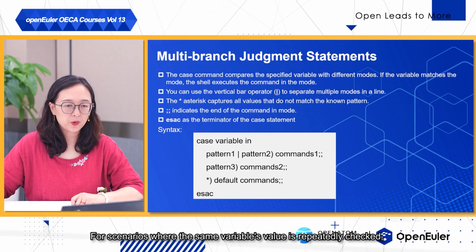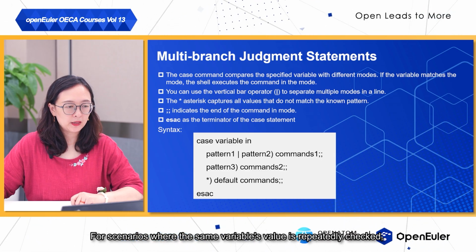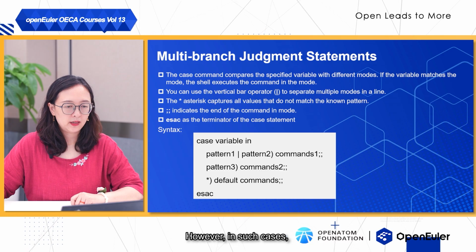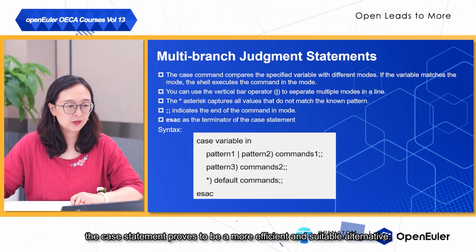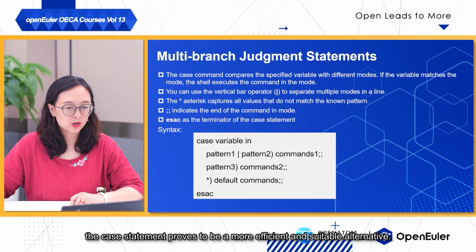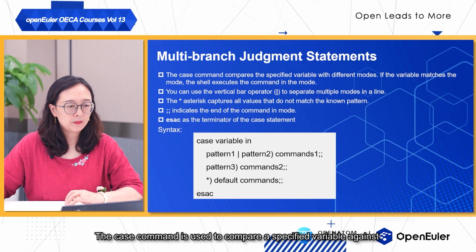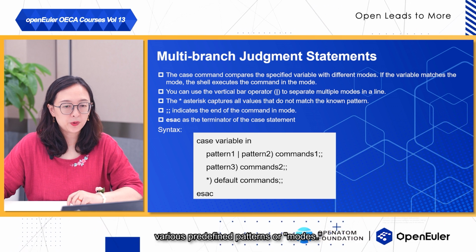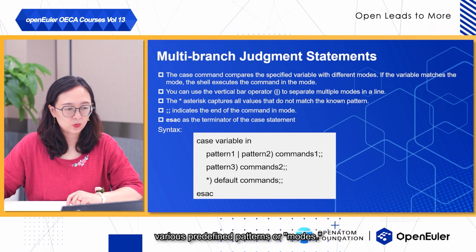For scenarios where the same variable's value is repeatedly checked, the else-if statement is often employed. However, in such cases, the case statement proves to be a more efficient and suitable alternative. The case command is used to compare a specified variable against various predefined patterns or modes.